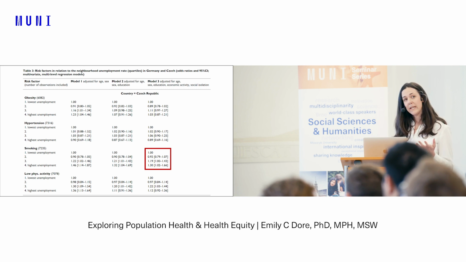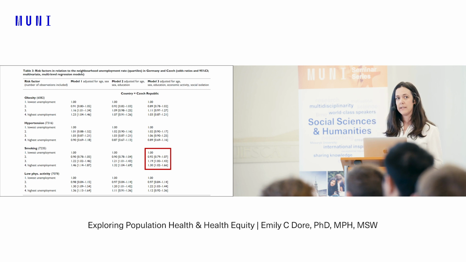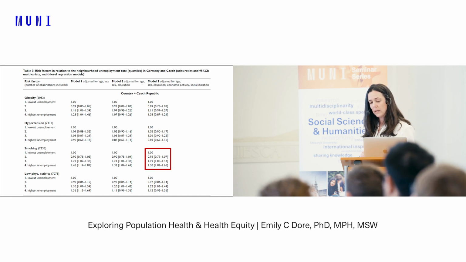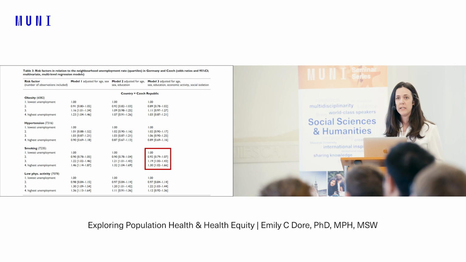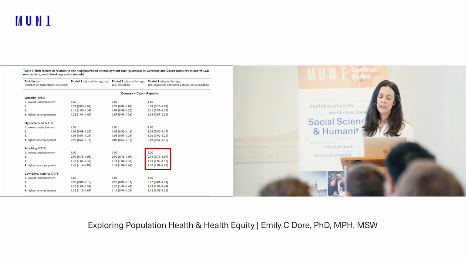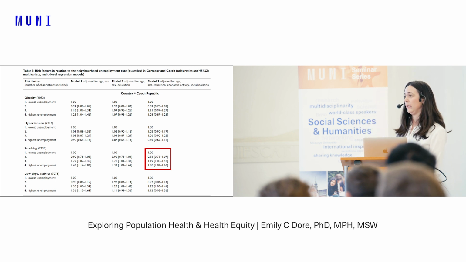Again, I'm not quite sure about the Czech context, but in the US, our neighborhoods are really segregated by class and race, especially. As a result, our neighborhoods are really important structures that provide opportunities for good health or make it more difficult to have good health. So they're important considerations when thinking about social factors in health.